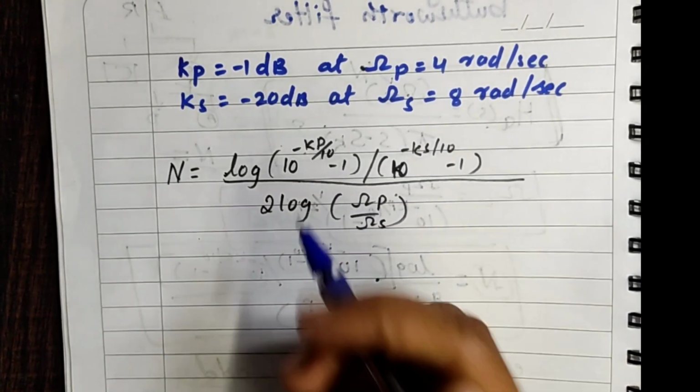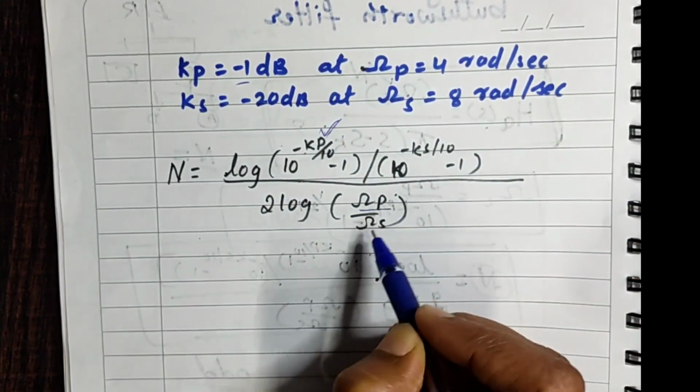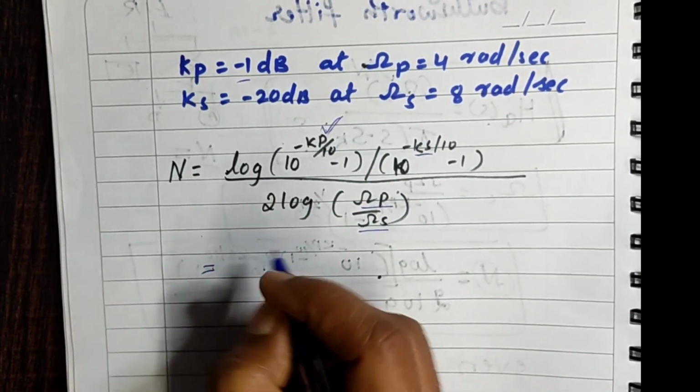We have Kp, ohm P, ohm S, and Ks also. Now let us substitute all the values.